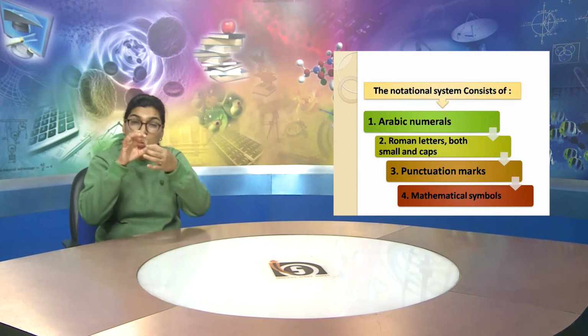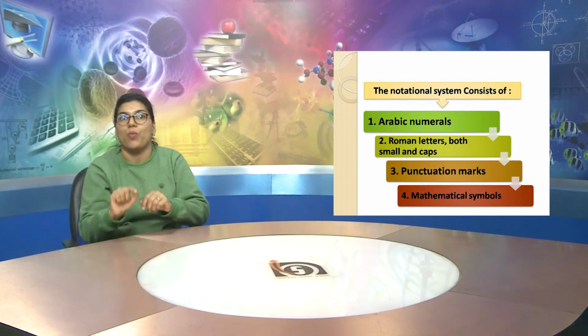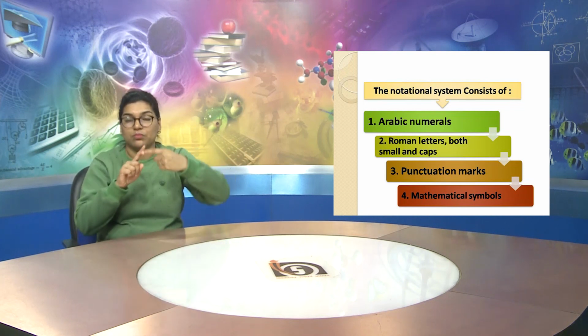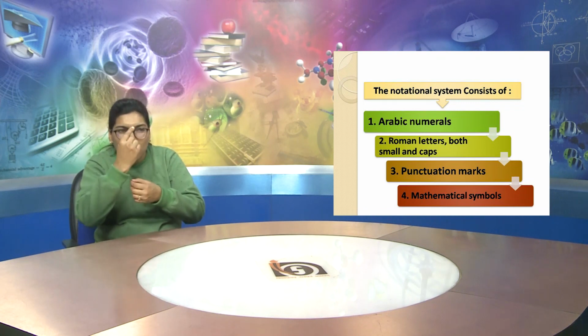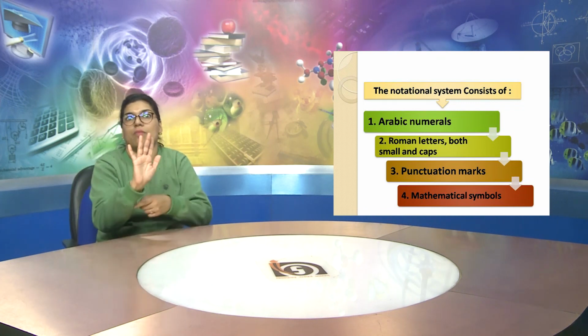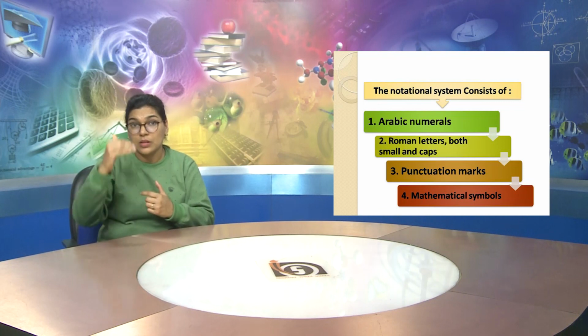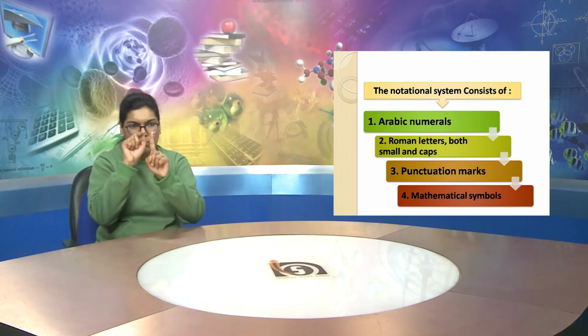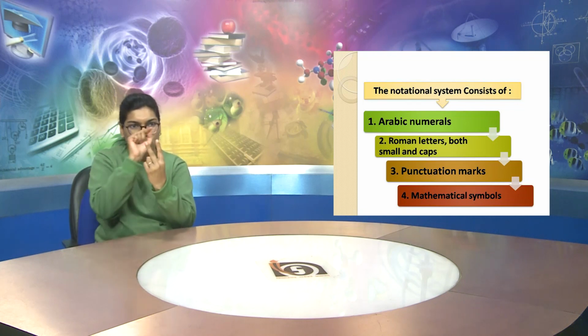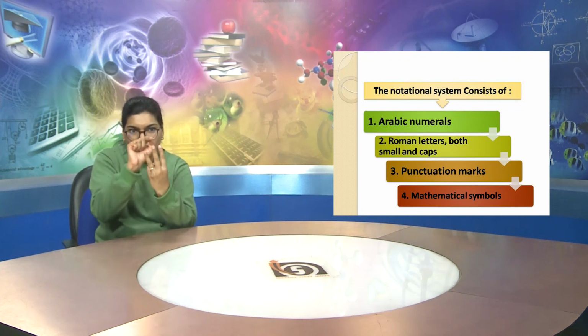Let us now understand what the notational system consists of. You can see on screen that it consists of mainly 4 different things. The first one is Arabic numerals. And the second is Roman letters.